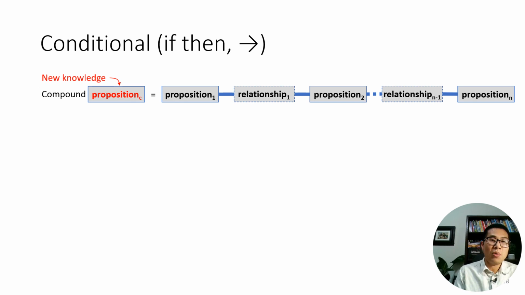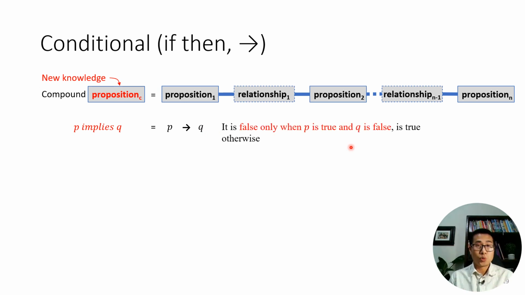It is normally read as P implies Q, or written as P, this notation, then Q. It is defined as false only when P is true and Q is false, which means that if you have the premise, which is P, then the conclusion has to be true. If the premise is true and the conclusion is false, then that is not correct.